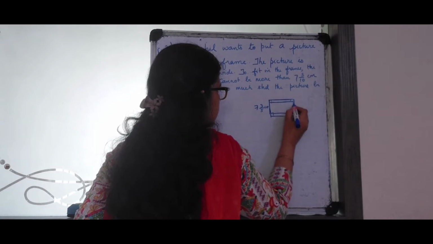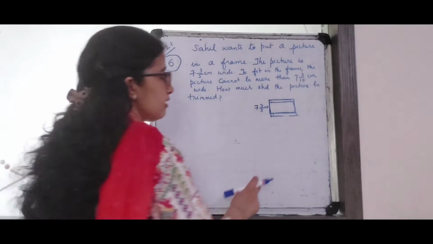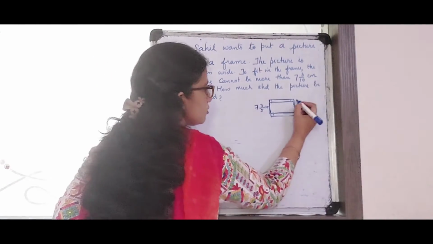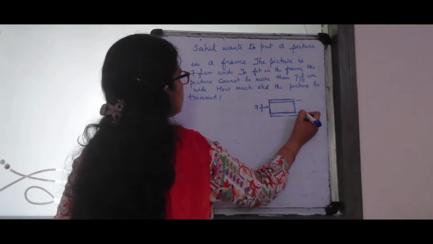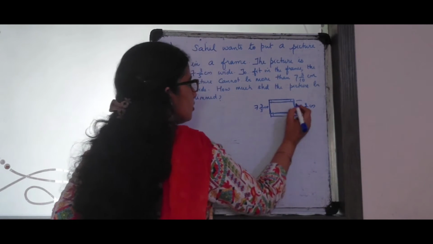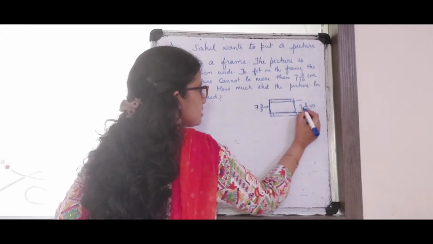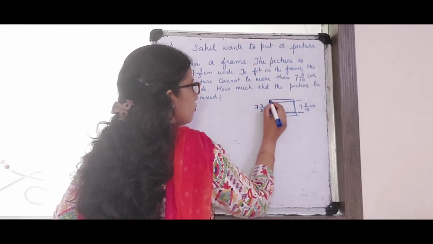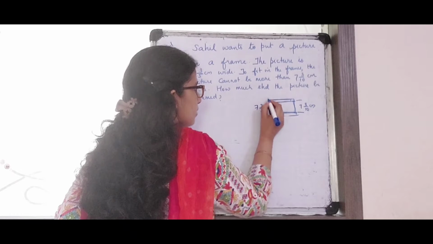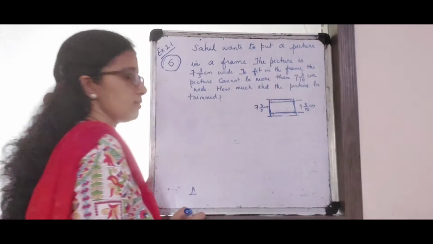This rectangle which is inside this bigger rectangle is the frame, and the rectangle which is outside is the picture. So this width is 7 3/10 centimeter. From here to here, that is the width of the frame, is 7 3/10 centimeter, and the width of Sahil's picture, from here to here, is 7 3/5 centimeter.